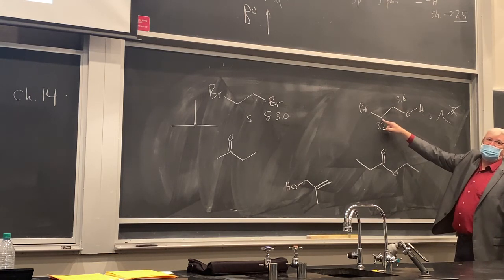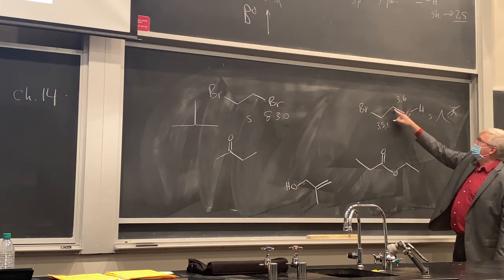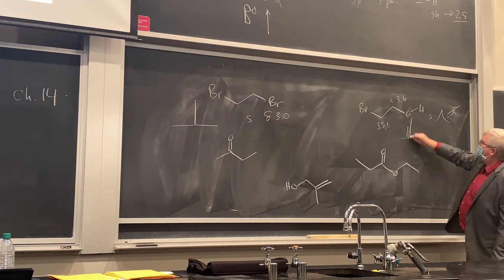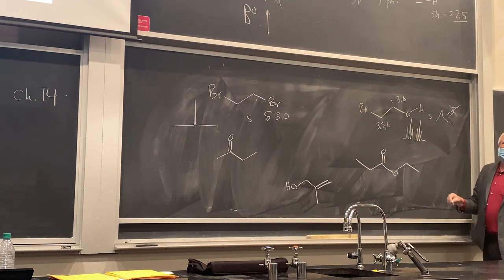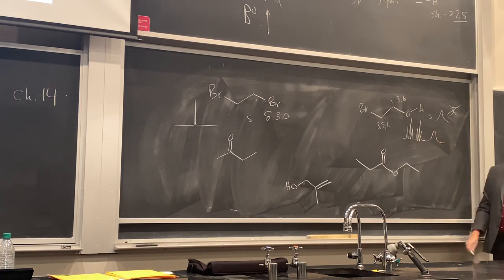So what will be the splitting pattern here? 2 neighbors. This will certainly be a triplet. And then a triplet here also, integrating for 2. So you'd see a triplet and then a real triplet nearby. You have to differentiate between those 2. And then somewhere it would be this blobby thing integrating for 1. And when you do quiz 8, I think you've got to come up with a spectrum for a compound. You can have the shifts approximate, but use the table to come up with where you think they'll actually be.